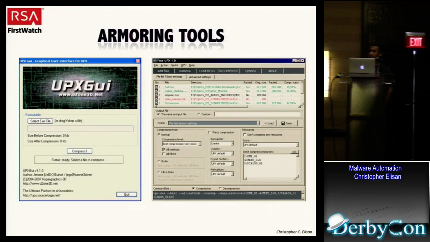So the more popular ones are packers, like UPX packers. We have here the UPX GUI and the free UPX. Actually, UPX, you can just download for free online. Just Google UPX, then you can download the command line.